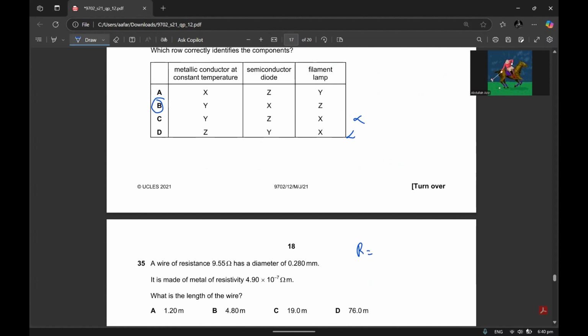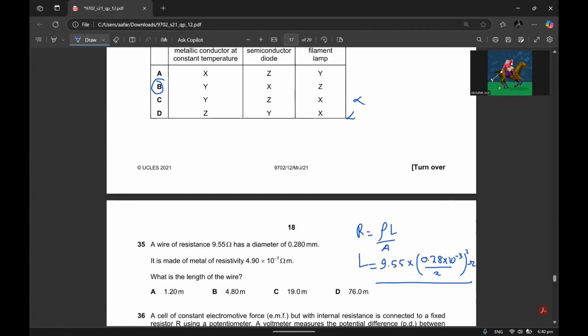We know that resistivity rho equals RA over L. So the length is the resistance, 9.55 ohm, times the cross-sectional area, which is the diameter divided by 2 to get the radius, squared, pi r squared, divided by the resistivity, 4.9 times 10 to the power negative 7.